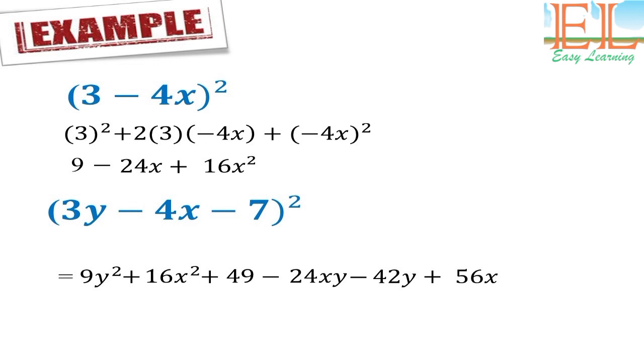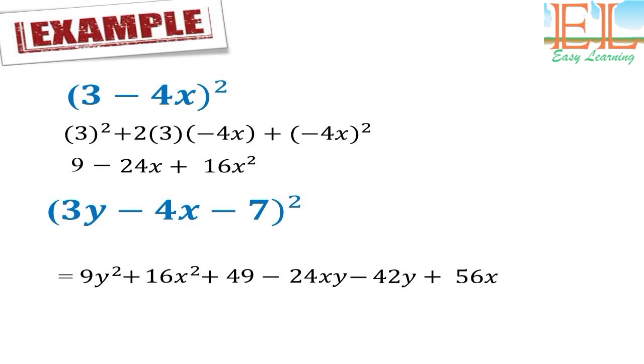Now, I'll take 2 times the first 2 terms. That is 2 times 3y times negative 4x. And that gives negative 24xy. Then 2 times the first and the last terms. So 2 times 3y times negative 7 also gives negative 42y.